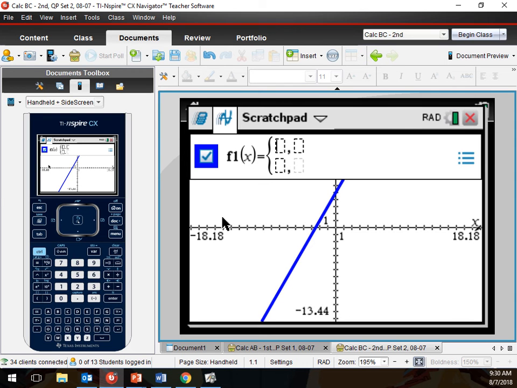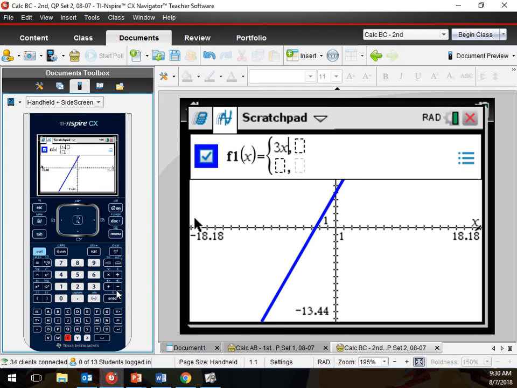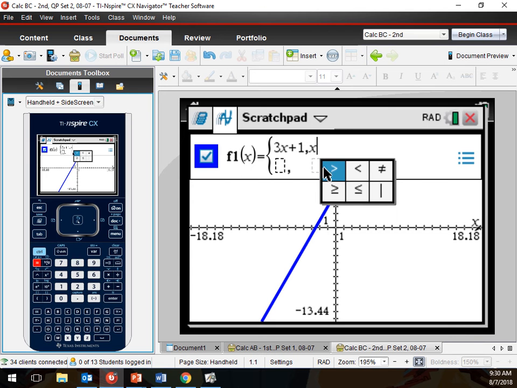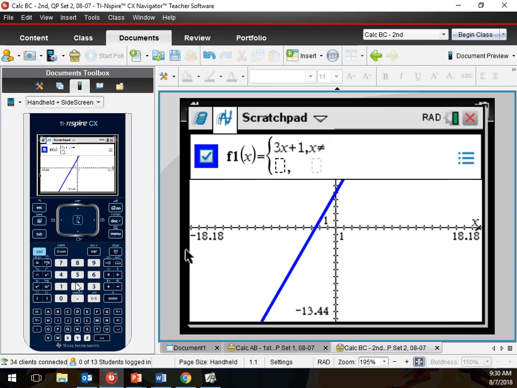All right, so now my piecewise was what? 3x plus what? 1. Okay. And where x is not equal to 2.